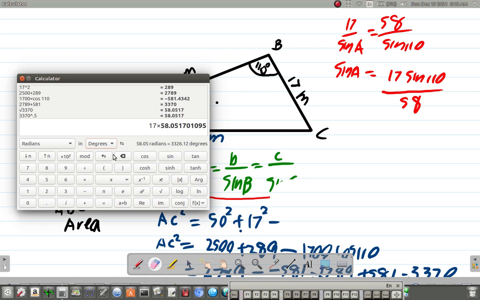It's in degree mode, alright? Times the sine of 110, and that will be divided by, let me put this part in brackets, 58. Equals, sine of A is 0.275.